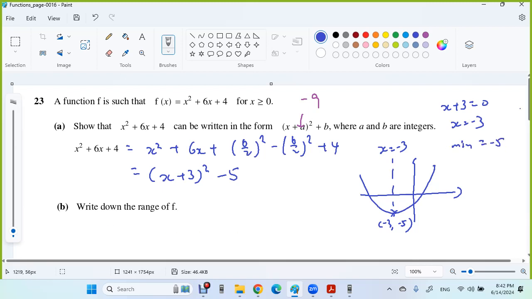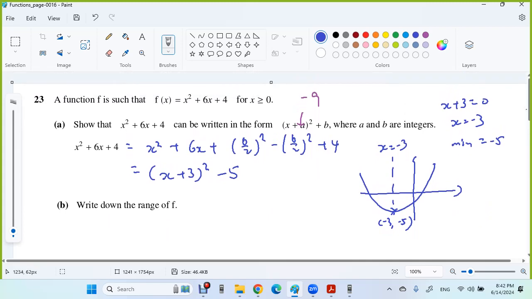But the domain is x greater than 0, so we take this part only, and the previous part we don't want. So f(0) is actually 0 plus 0 plus 4, which is 4.